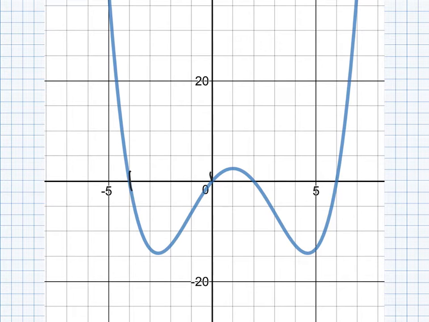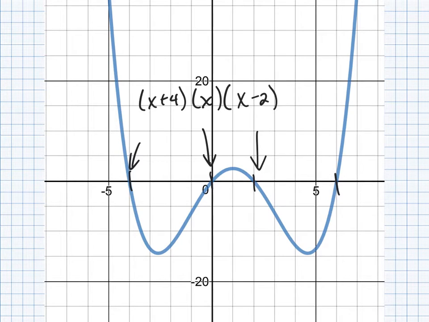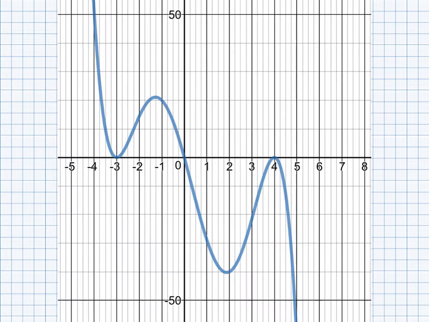This one's going to have 4 factors because we have 4 crossing roots. So that one, x plus 4, no exponent. That one is just going to be x. That one, x minus 2, and x minus 6. Ending direction is up, so I don't need to worry about a negative.